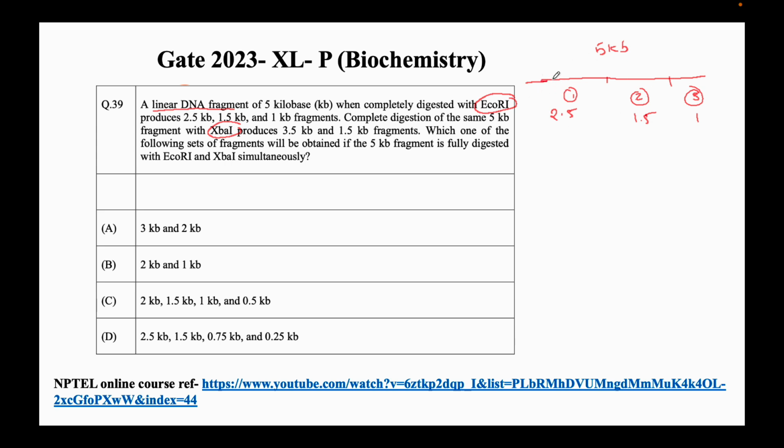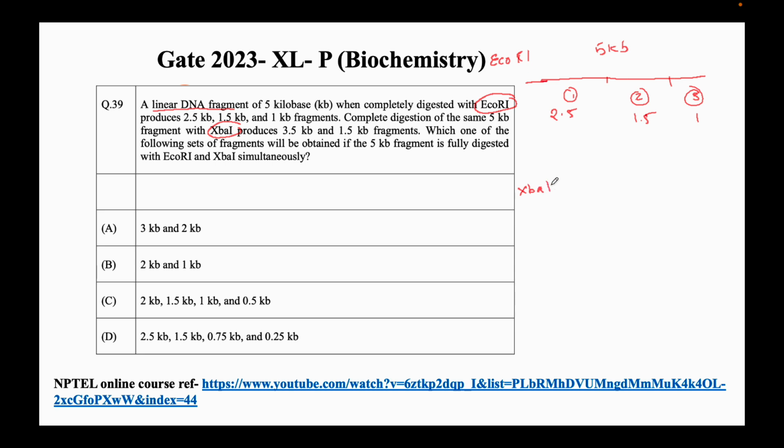As you can see, when it's a linear DNA fragment and we are getting 3 fragments, we should note that there are 2 recognition sites of EcoR1. So EcoR1 has 2 recognition sites on this linear DNA fragment, and hence we are getting 3 fragments of 2.5, 1.5 and 1.